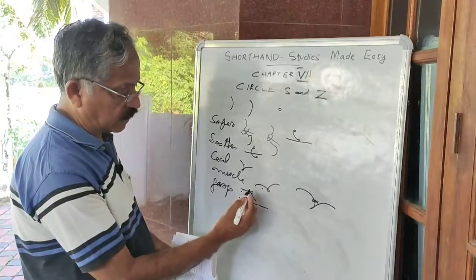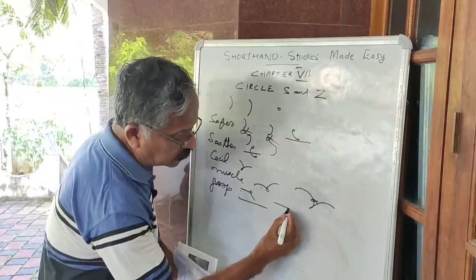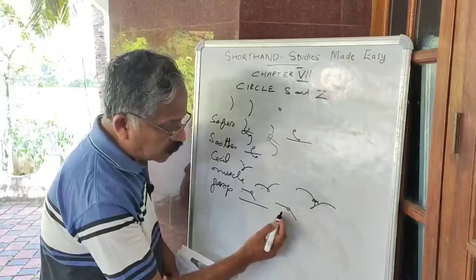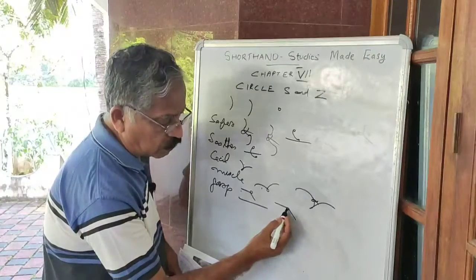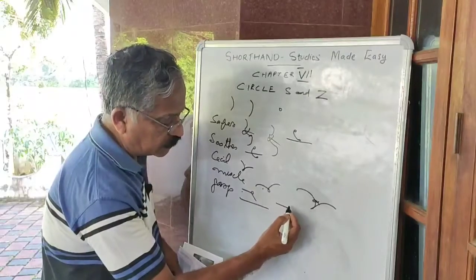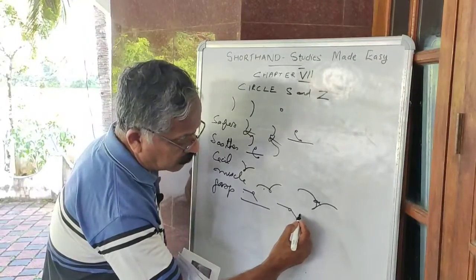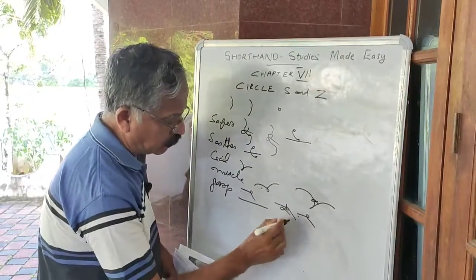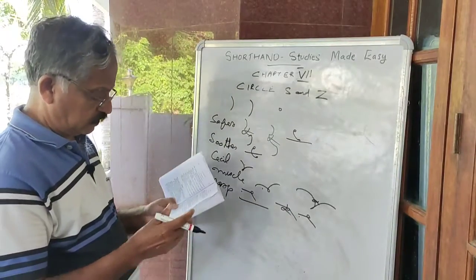Otherwise, if you write it like this, gasp, it doesn't look nice. Therefore, when you write a horizontal consonant first, you have to write the circle outside the angle, gasp, like this. This is wrong.